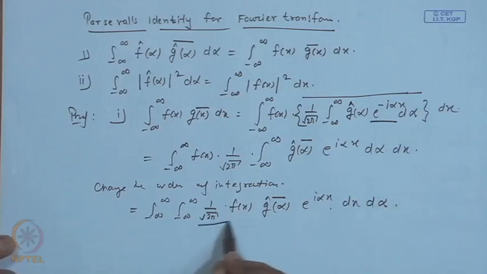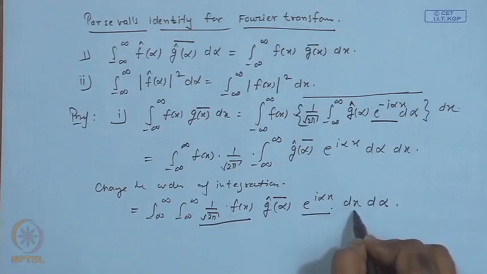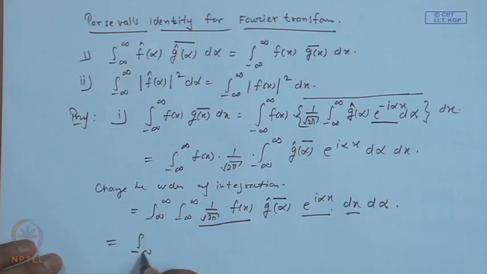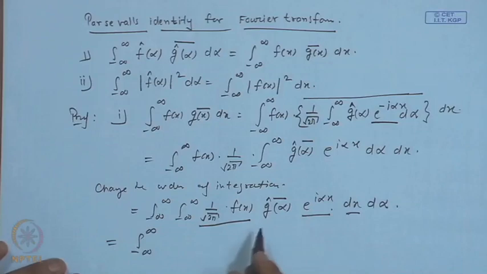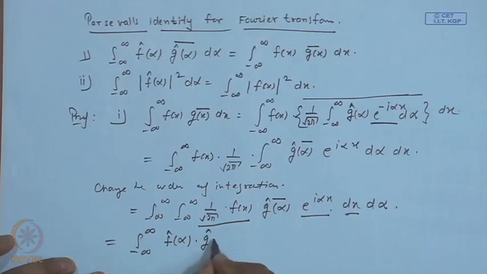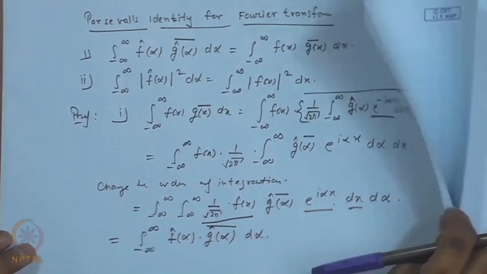So this 1 over square root 2 pi f(x) e^{iαx} dx will give us again the Fourier transform of f. So this is the Fourier transform of f, and we have already this Fourier transform of g with this conjugate and dα. So the first result is proved, and for the second one, that's just a particular case. So if we take this f and g the same function, then we will get the second result.